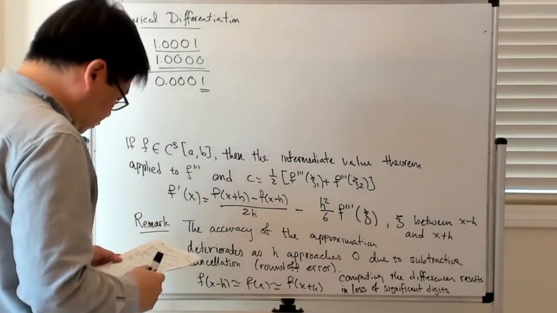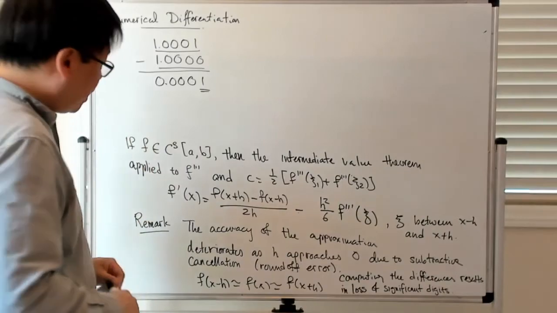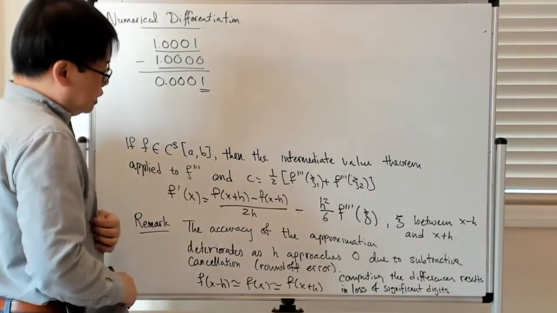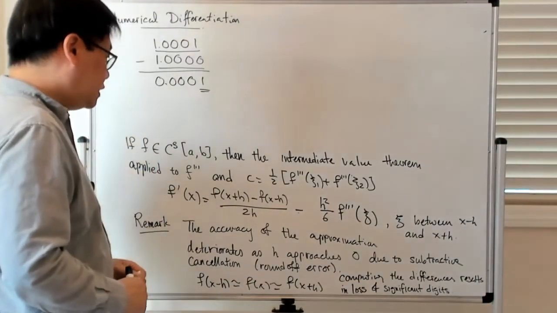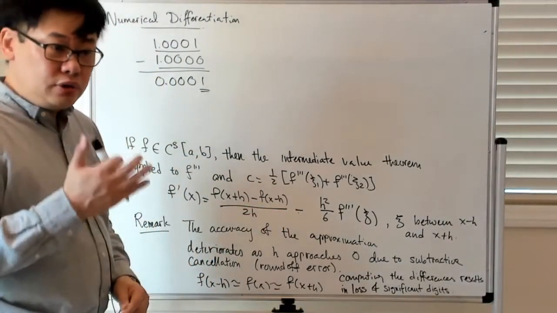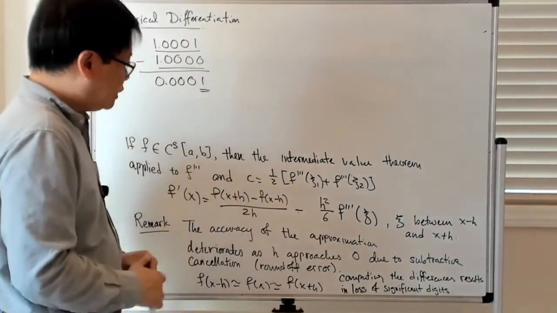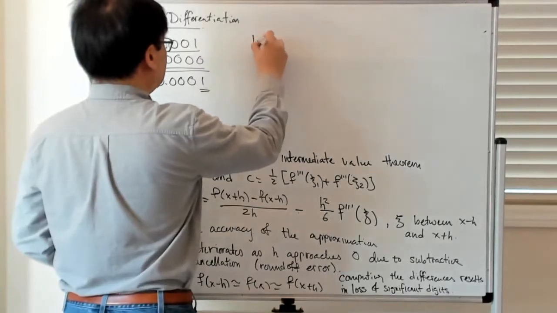So that's something to be extremely aware of. In practice, what that means is that when you're using these finite difference approximations, you don't let h be of the order of machine precision.